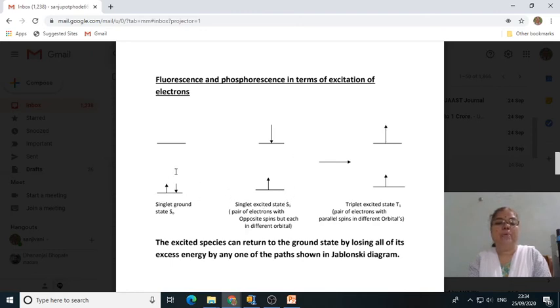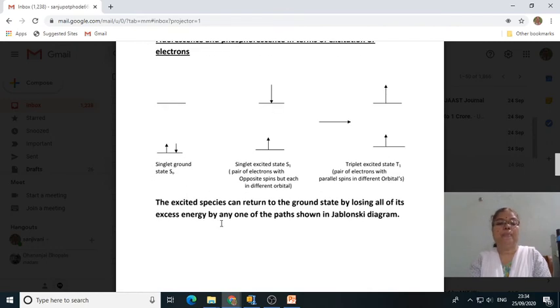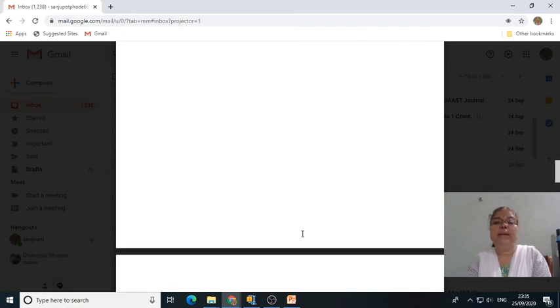In the ground state, the spins are paired, meaning the two electrons have opposite spin, and such a state is called the singlet ground state. The excited species can return to the ground state by losing all of its excess energy by any one path, as shown in the Jablonski diagram.